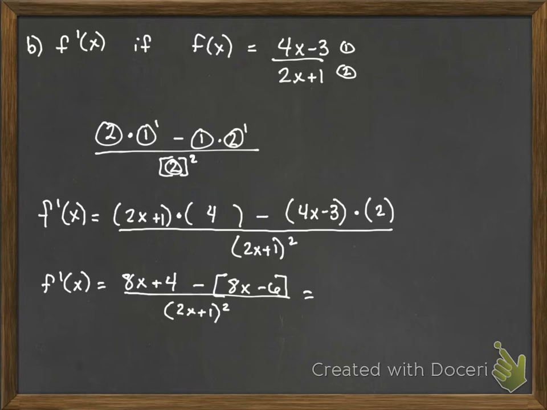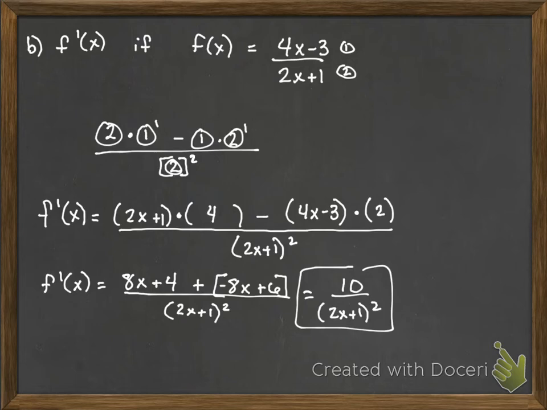I'm just going to simplify because I like to simplify. That's 8x, distribute the negative through, so 8x minus 8x, and that's going to give me 10 over 2x plus 1 squared. And that looks a whole lot nicer than what it did earlier.